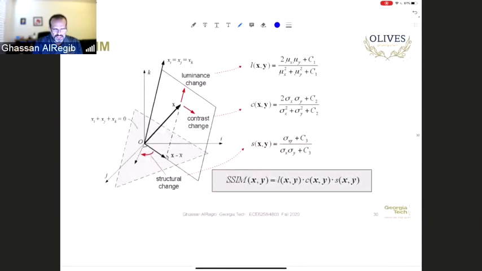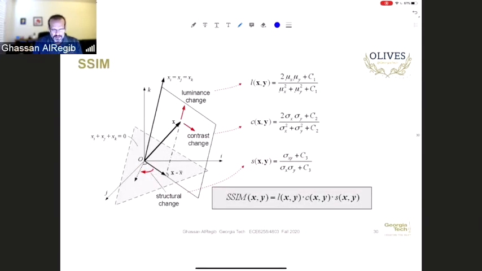So this representation here is really from the original paper. It's a very good representation. Imagine in a 3D space, your image X is represented by this point. In this 3D space, one axis is about luminance, the other axis is for contrast, and the third axis is about the structure, right?